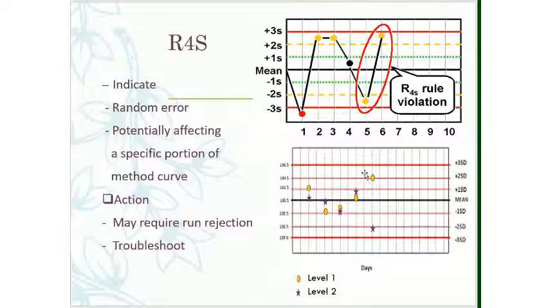Same goes with this: one is at plus 2 SD, but another subsequent QC is at minus 2 SD. It is already violated. So the distance between them is 4 SD. So this indicates random error, potentially affecting a specific portion of the method curve. The action may require run rejection and troubleshooting.